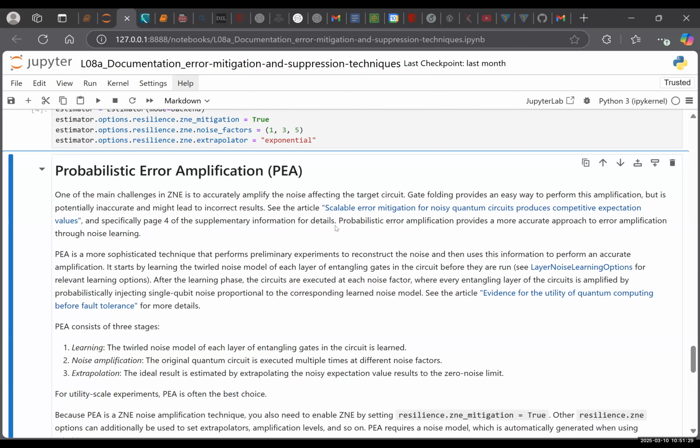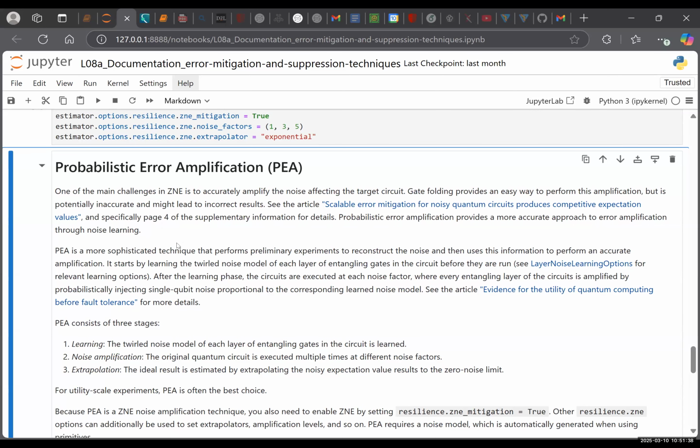So they developed a probabilistic error amplification technique. They call this PEA, a more sophisticated technique that performs a preliminary experiment to reconstruct the noise, and then uses this information to perform an accurate amplification. So then you need to learn the noise. You start by learning the total noise model of each layer of the entangling gates in the circuit before they run.